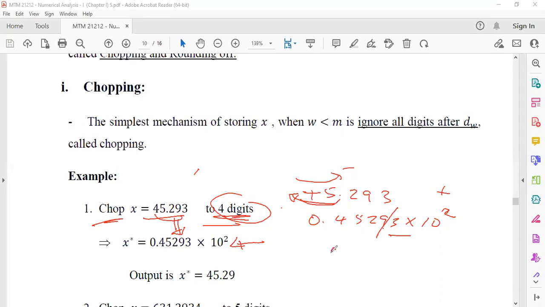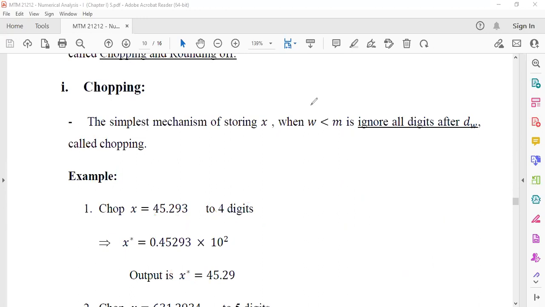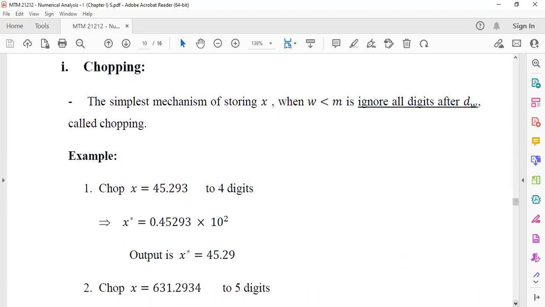So the answer will be 0.4529 times 10 to the power 2. We are giving it in the fixed point form, like this. When you multiply by 10 to the power 2, it will be 45.29. Okay, that's what it says. This is a computational output. Can you try the next question and give the answers in the chat box?